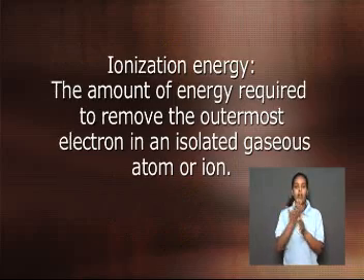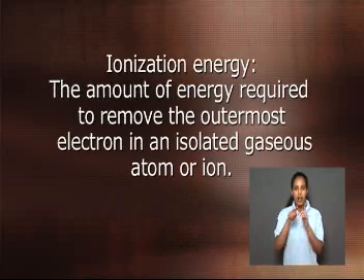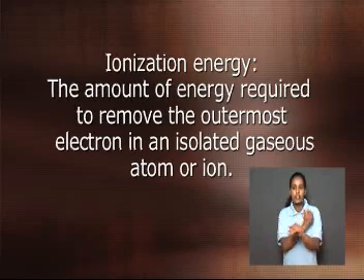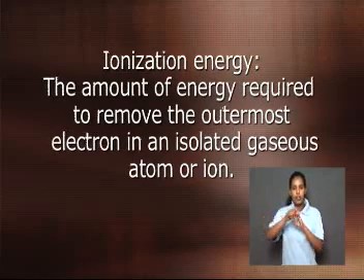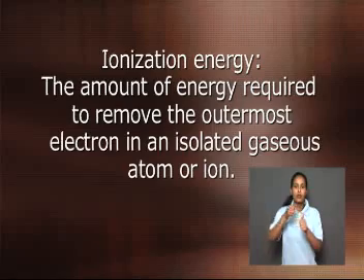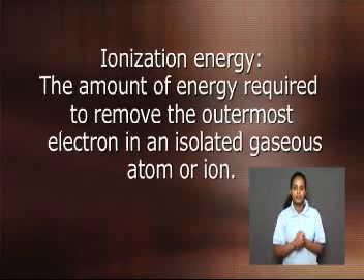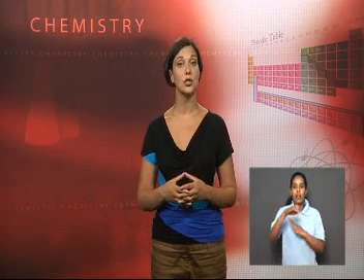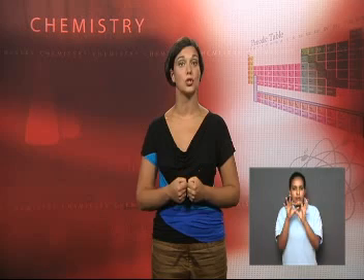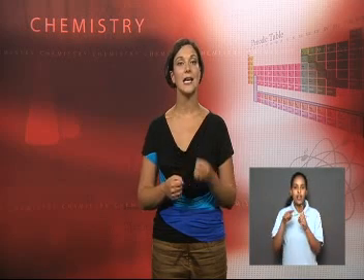As we reviewed in our last lesson, ionization energy is the amount of energy that is required to remove the outermost electron in an isolated gaseous atom or ion. The closer and strongly bound electrons are to the nucleus of an atom, the more difficult it is to remove them. Thus, when electrons are closer and strongly bound to the nucleus, the ionization energy increases.